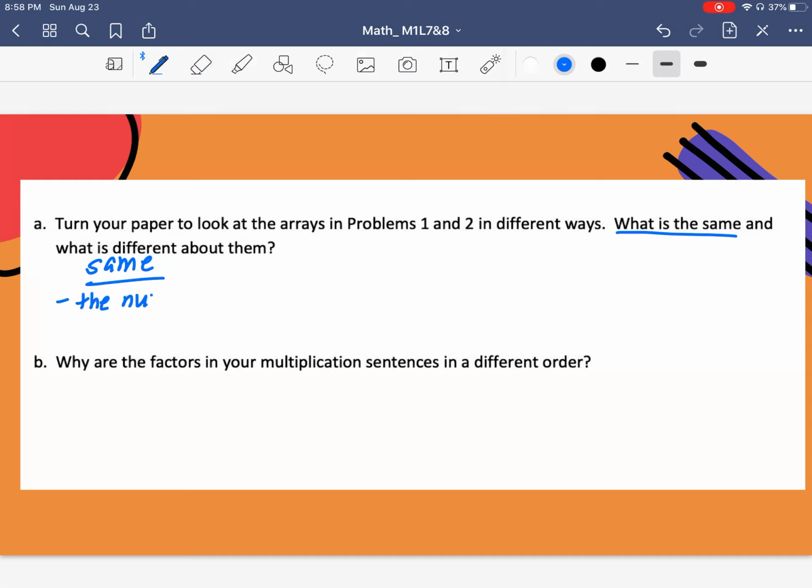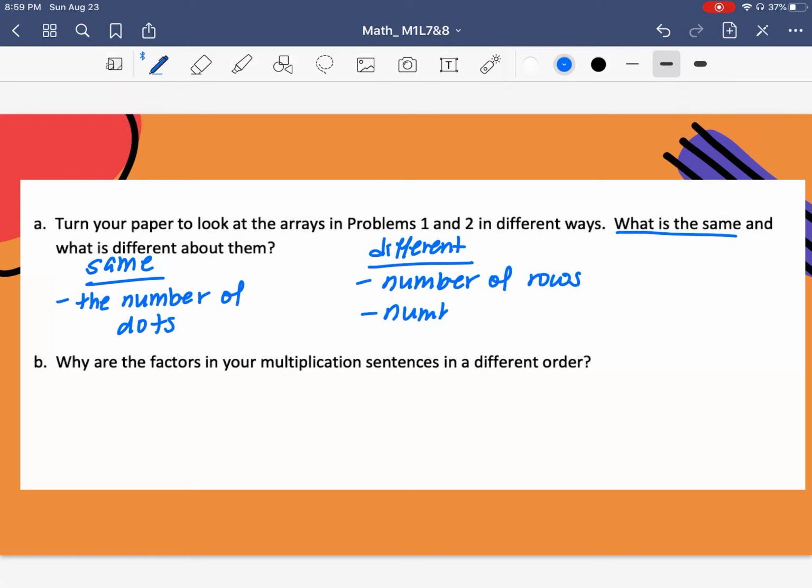It's also asking what is different. They're different because they have a different number of rows and a different number of columns.